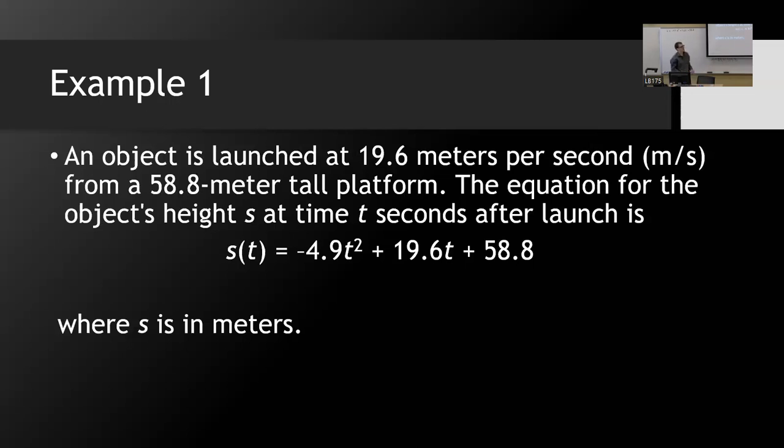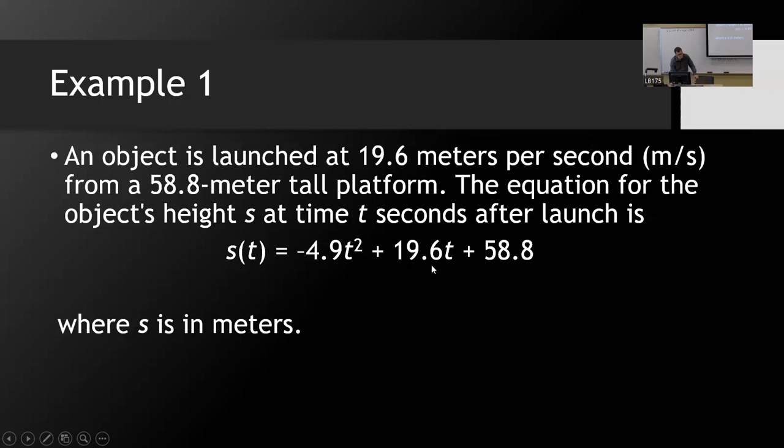All right. Now I want to point out some things because this is very typical for heights of objects thrown off of ideas. So you'll notice that the speed at which the object is launched, 19.6 meters per second, shows up right here with the t to the first power.